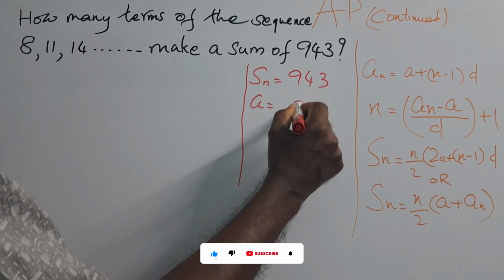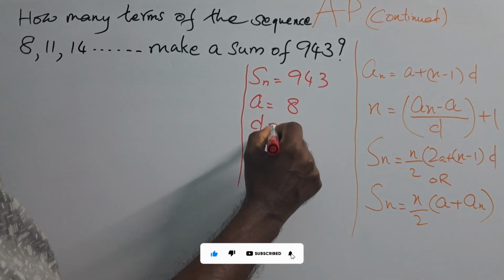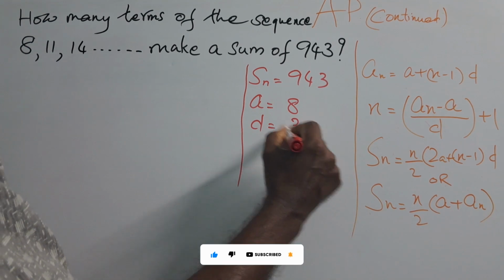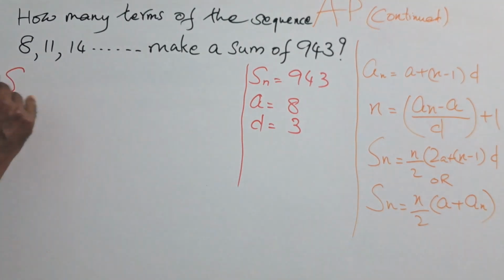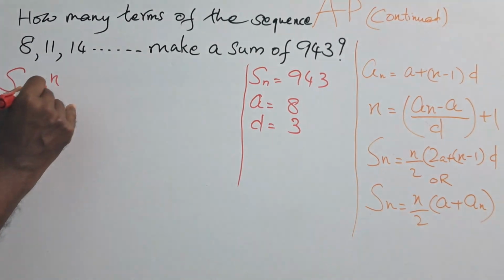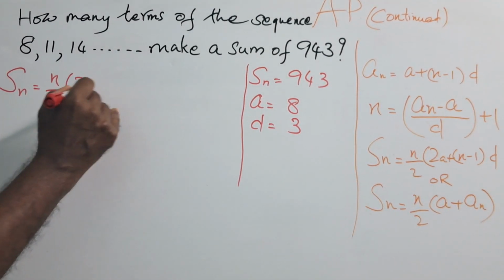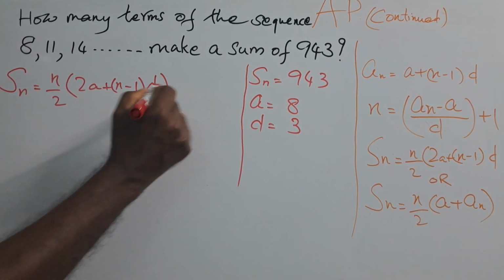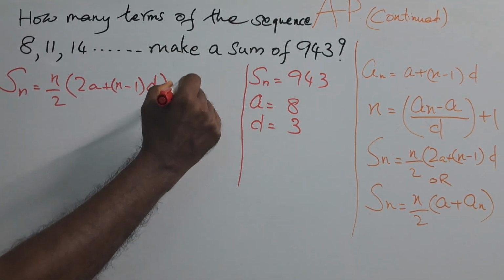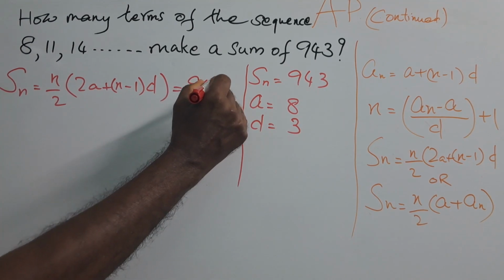A is equal to 8. D is equal to 11 minus 8, which is 3. Now, let's substitute these values in the equation. Sn is equal to n by 2 into 2a plus n minus 1 into d is equal to 943.